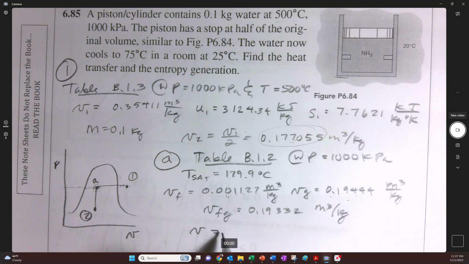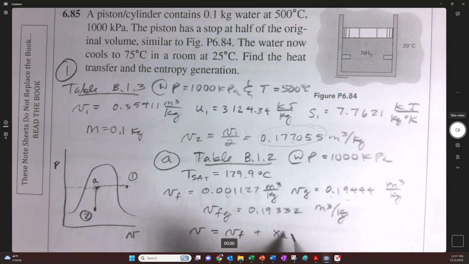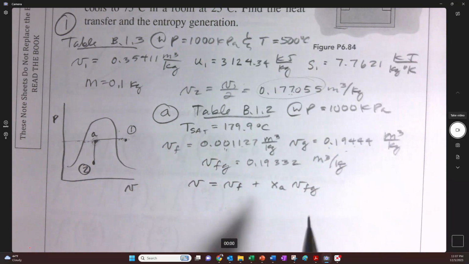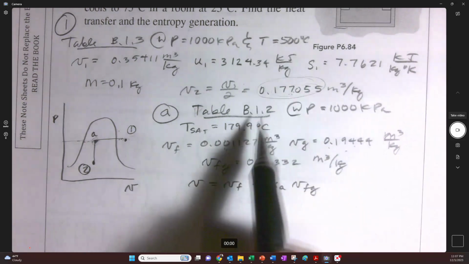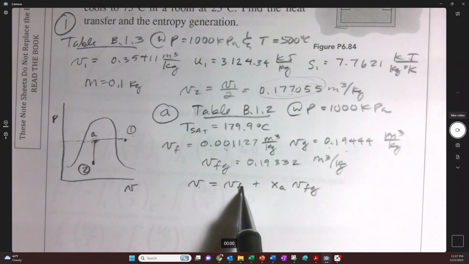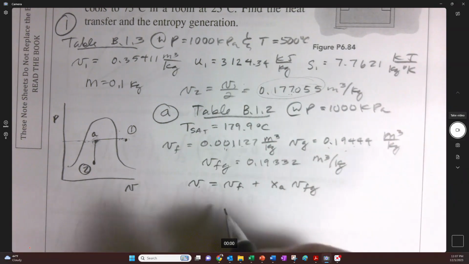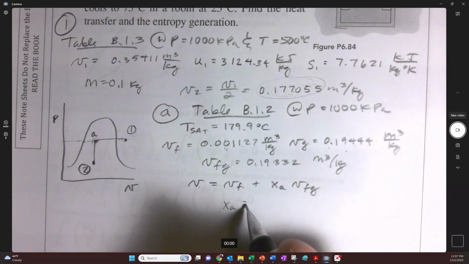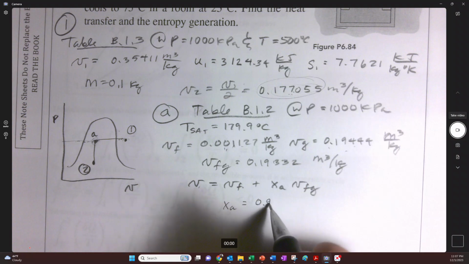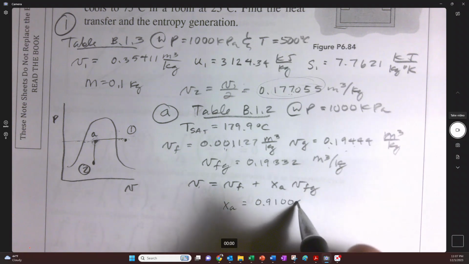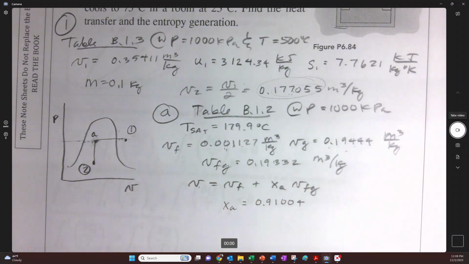V is equal to VF plus X, let's call it XA, VFG. And I don't have to plug these numbers in for you, right? So this goes into here, that goes into there. We can find XA, and we end up getting 0.91004. So it's 91%, so that's a lot.